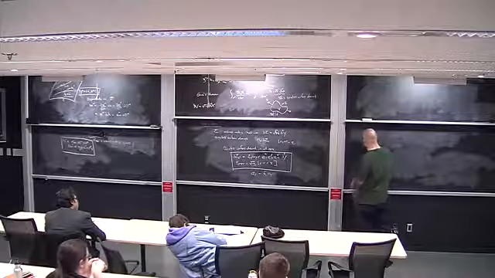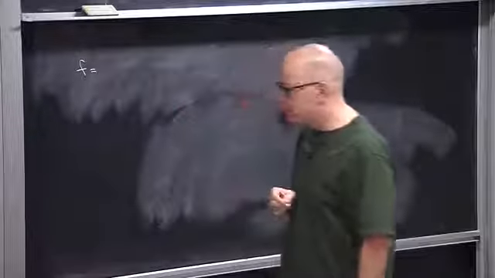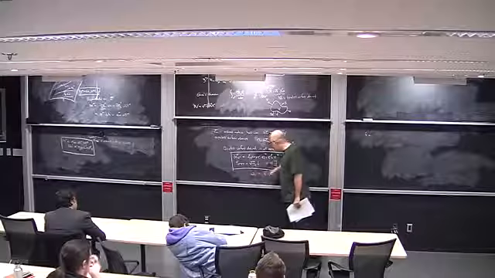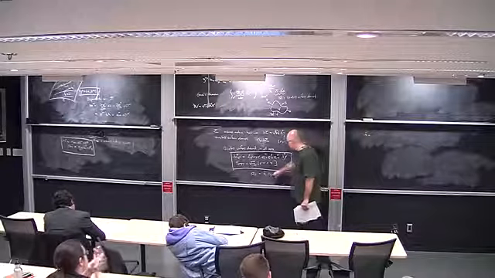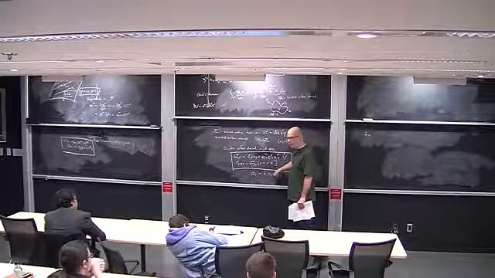So f, I can calculate by basically taking the inner product of both sides with n. So on the right-hand side, I would get f times n, so I get an epsilon from here.